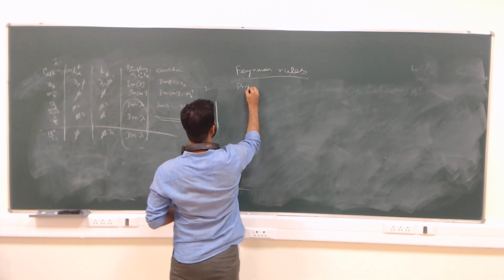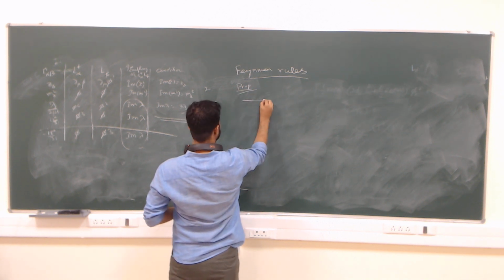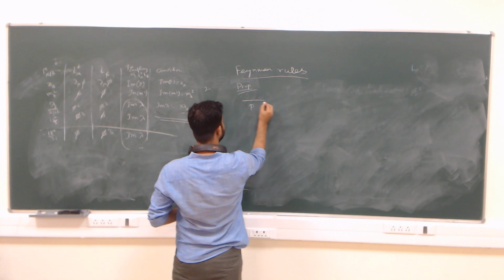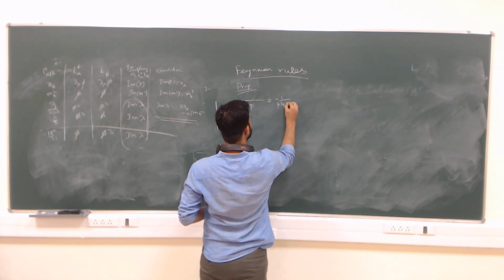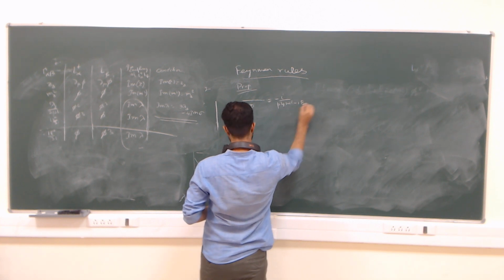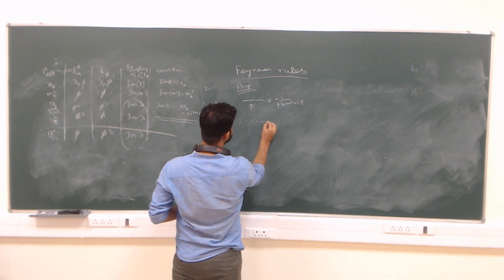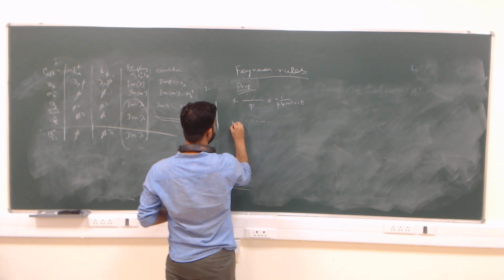For propagators, we already discussed them before, just writing for completeness. For in propagators, which was written for dotted lines.